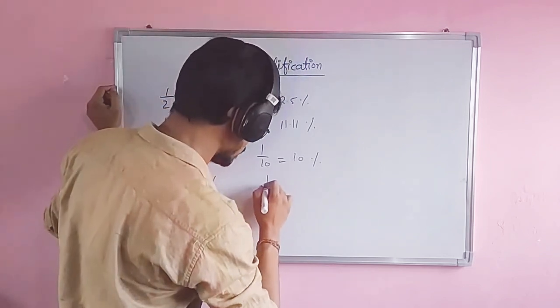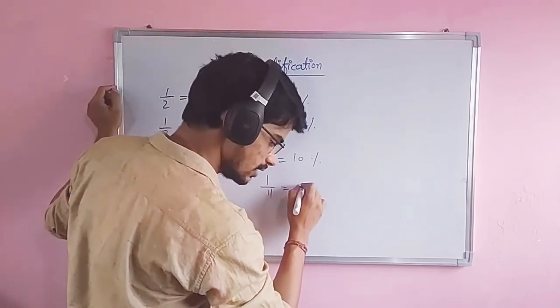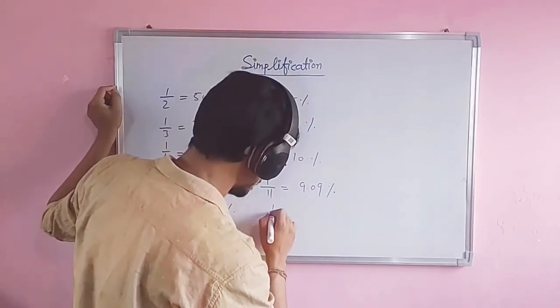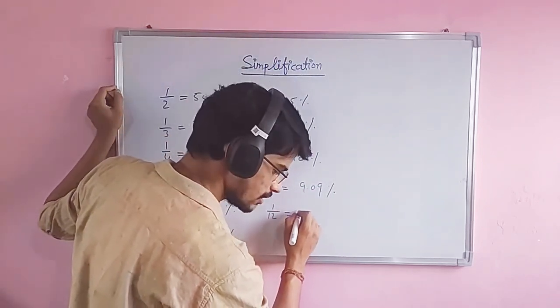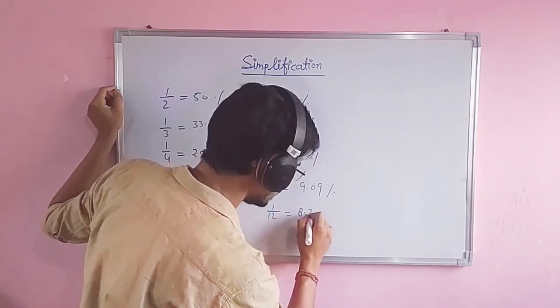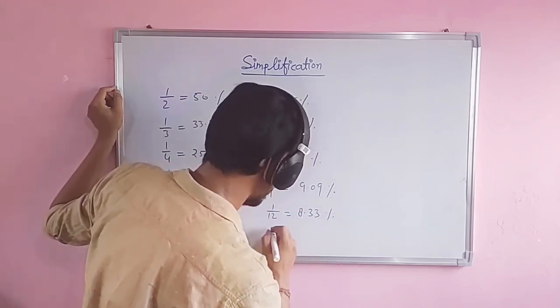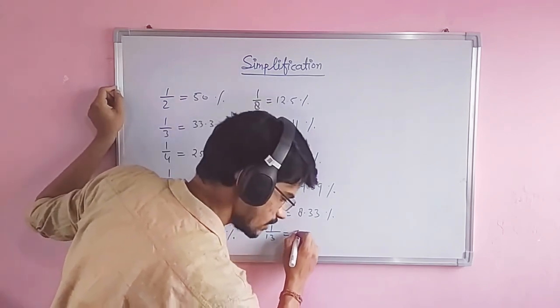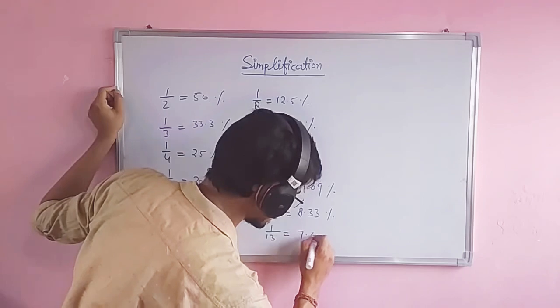Here 1 by 11 is 9.09%. Here 1 by 12 is 8.33%. 1 by 13 is 7.69%.